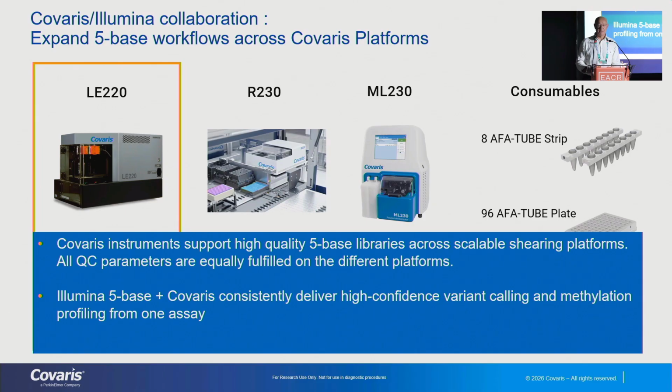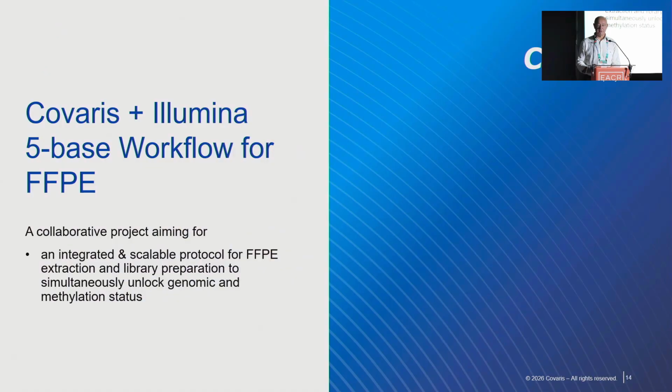In principle, what we showed here with genomic DNA is that the Covaris instruments support the 5-base workflows irrespective of the throughput, so we have scalable solutions for 5-base. The Illumina 5-base and Covaris consistently deliver high confidence variant calling and methylation profiling. This was from genomic DNA, and then we took the next step to also optimize the workflow for FFPE.